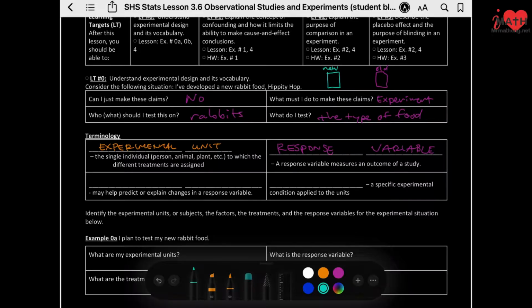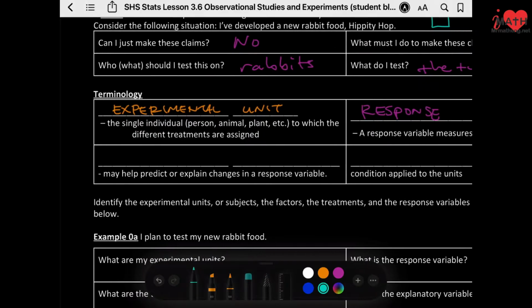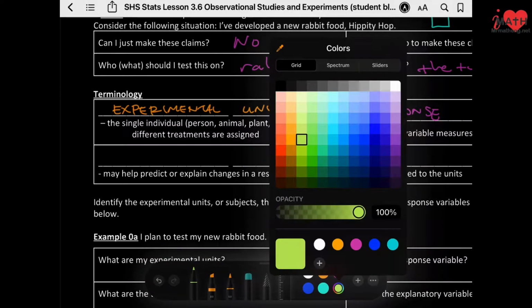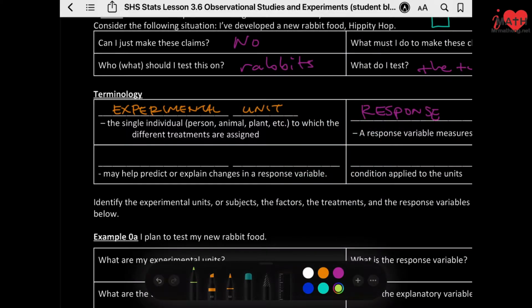How does it respond? This one down here is called the explanatory.